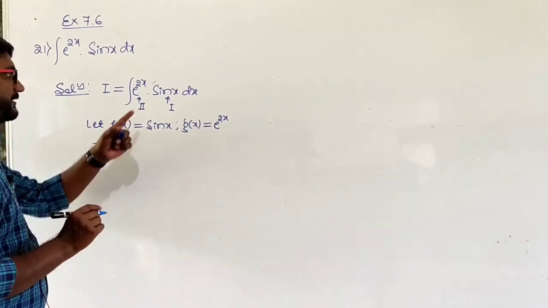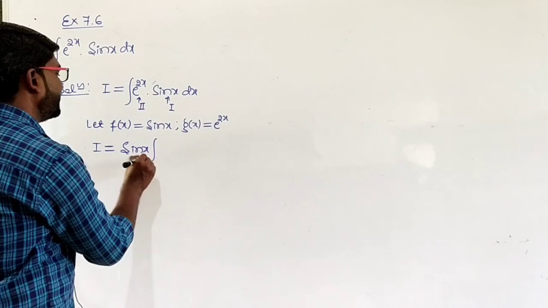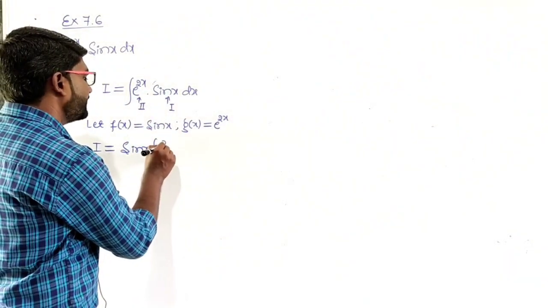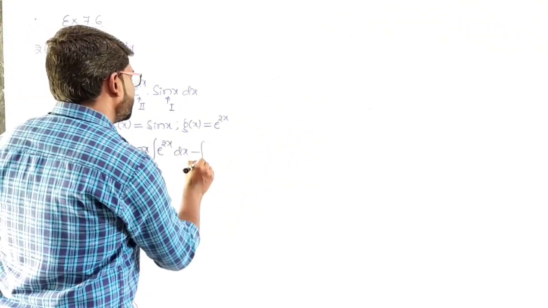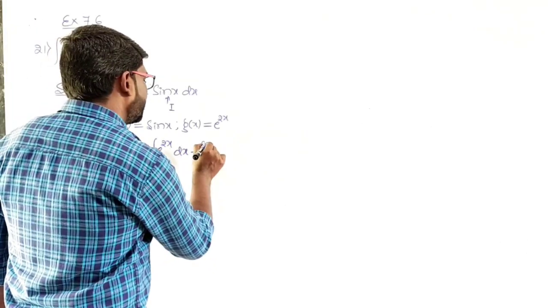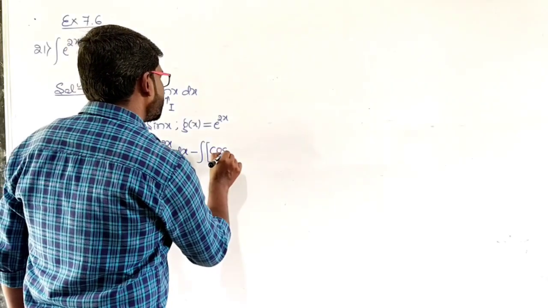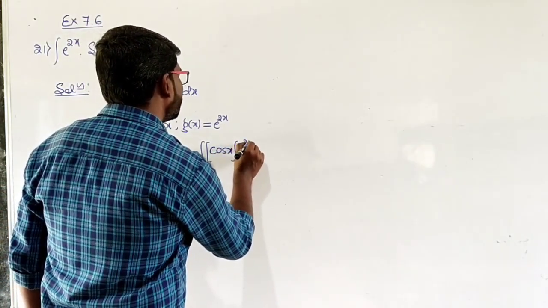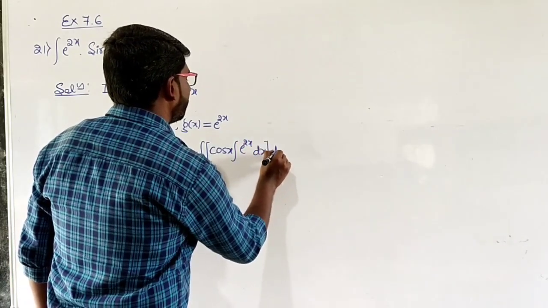Here, first function, that is sin x, then the integral of the second function, e power 2x dx, then minus the integral of f dash of x, that is cos x, then the integral of e power 2x dx, close the bracket, write dx.